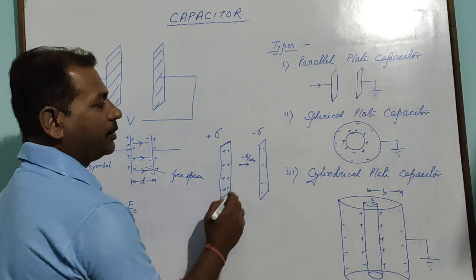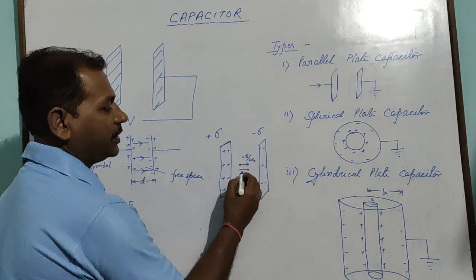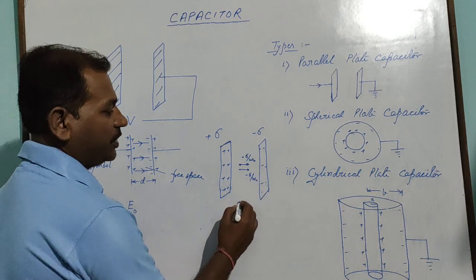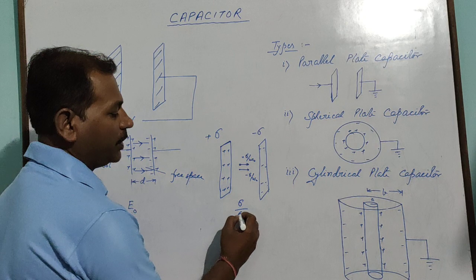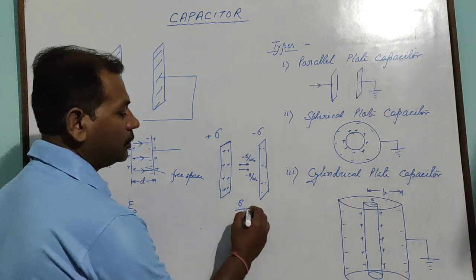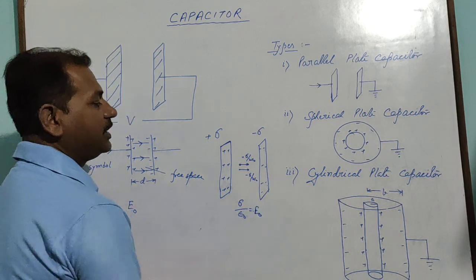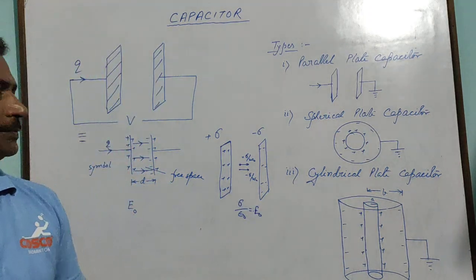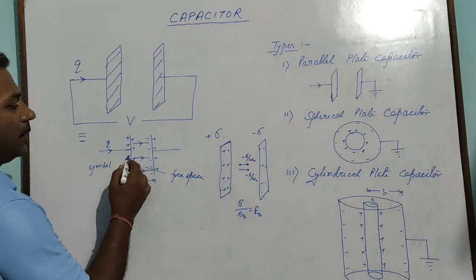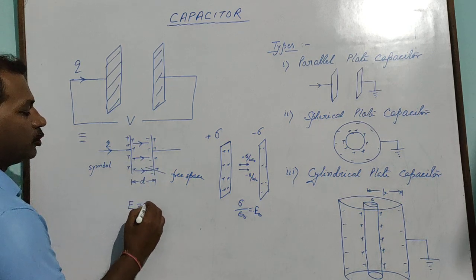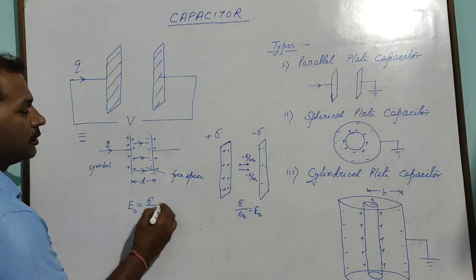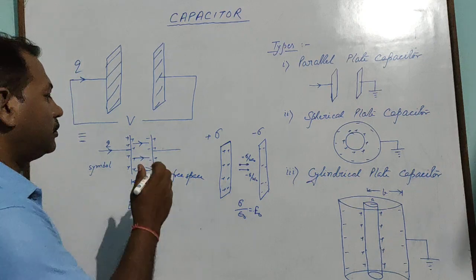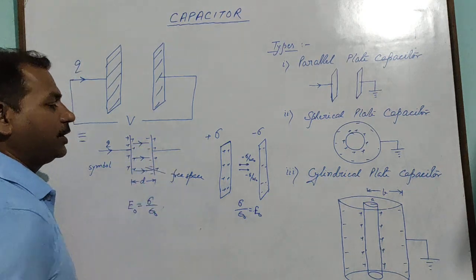Due to positive it is repelled, and due to negative it is attracted, each by sigma by 2 epsilon naught. So the net intensity in between the two plates becomes sigma by epsilon naught, and this is called the field intensity between two oppositely charged plates. Its magnitude is sigma by epsilon naught and it is directed from the positive plate towards the negative plate.